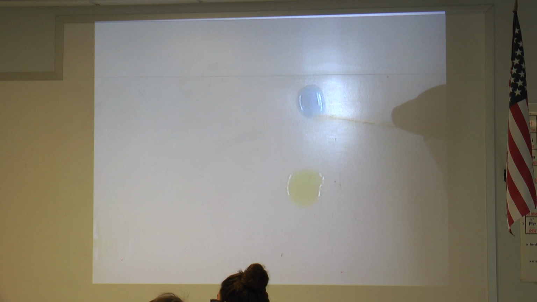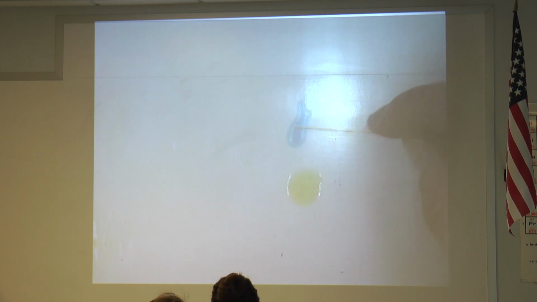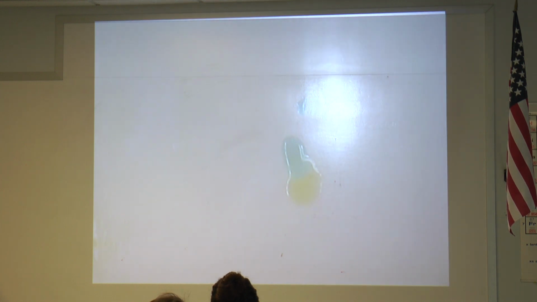So let's see. I'm going to take Walter over to meet Alfred. It's probably easier. The more you sit, the more it sort of sinks in. There we go. All right. Now you can actually see the molecules moving.